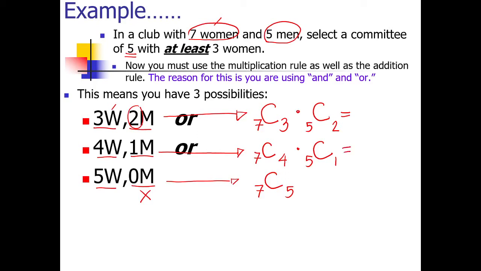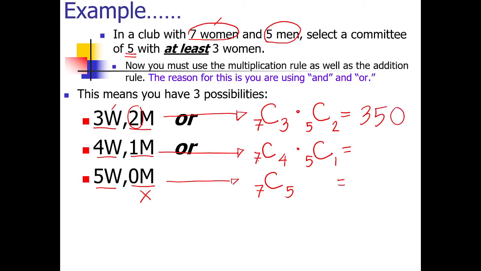Okay, use your calculator, please. What is 7 combination 3 times 5 combination 2? 350.